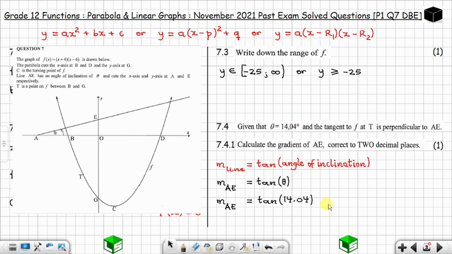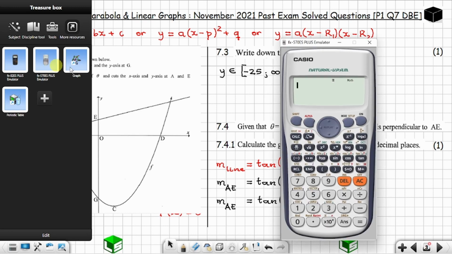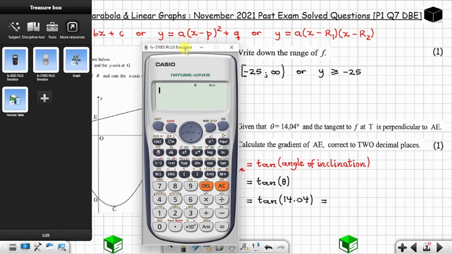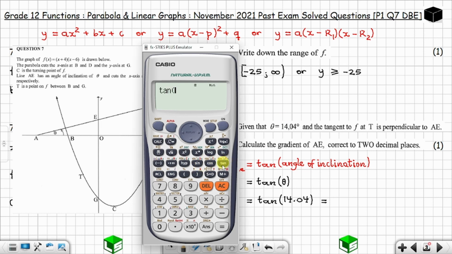So this is how you do it. And this is equal to, when you take your calculator, you are going to plug this inside the calculator and you get the value. So the tangent of 14,04, and this is equal to 0,25.